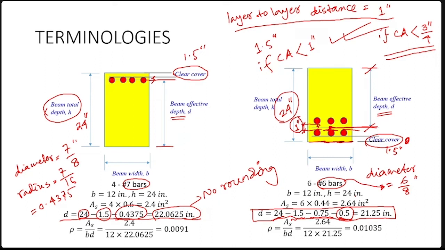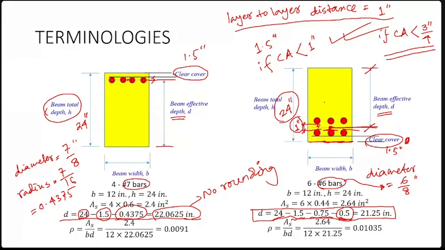Sir, for this problem you say that we have to subtract the diameter, but in the previous one we just subtracted the bar radius. In the previous problem, the centroid was located at the midpoint of the single layer of bars.